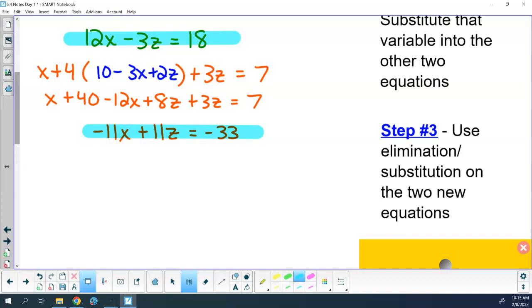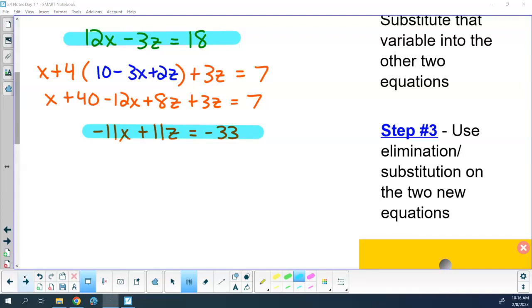What do we want to do? Substitution or elimination? Elimination. Okay. Which variable do we want to eliminate? X or z? Z. Okay.